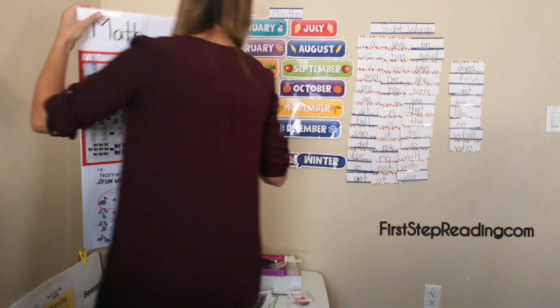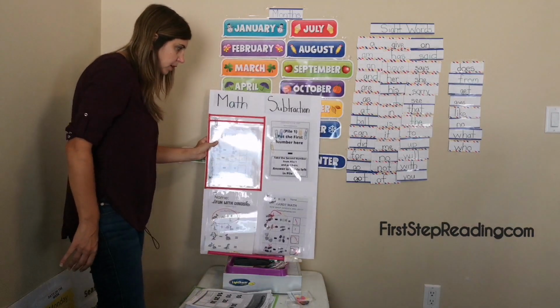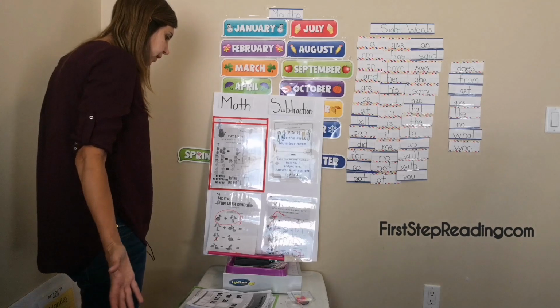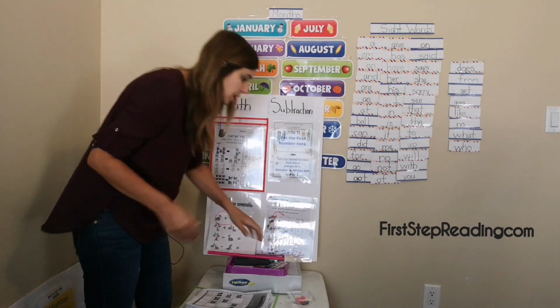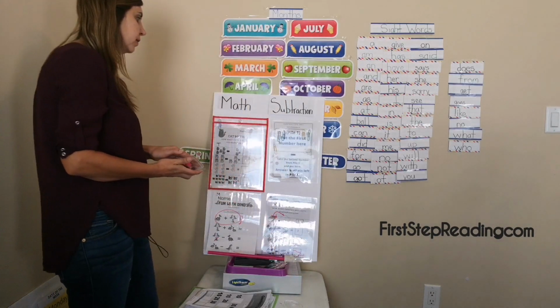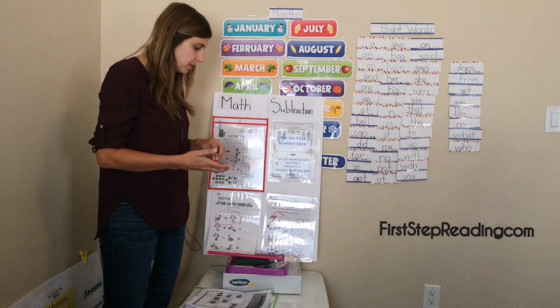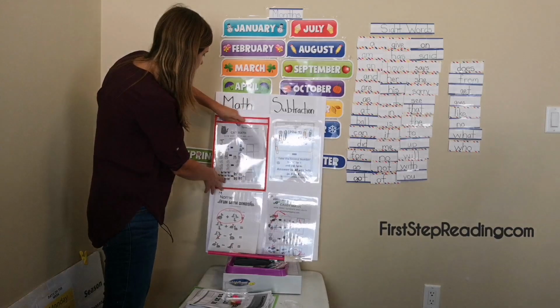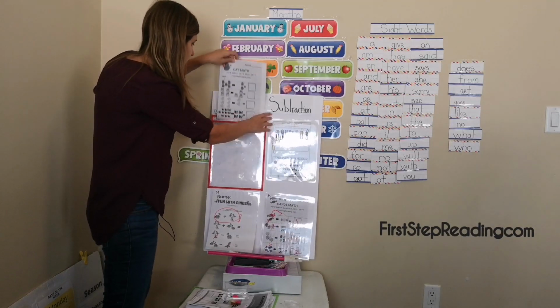This week we're talking about subtraction. So last week we talked about addition. This week we're talking about subtraction. Now let me turn this over so I have something to write on, and I'll show you the difference.